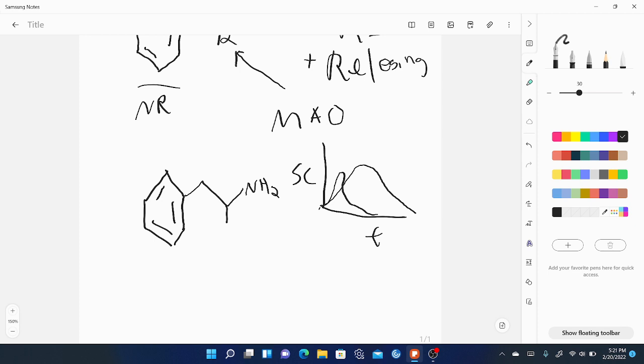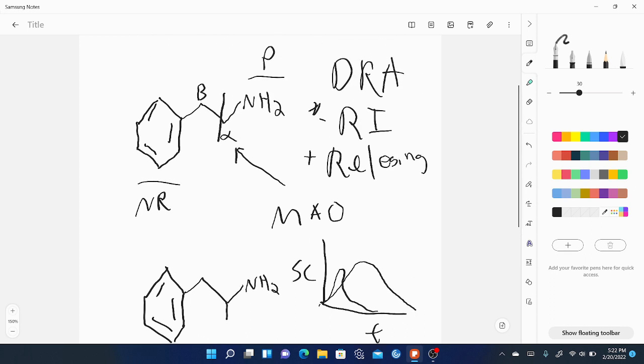Some people characterize it as euphoria, some people characterize it as dysphoria. In any case, you feel something. Adding the alpha methyl group, it is able to interact with the various modalities, reuptake inhibition and releasing, in a longer way. It's called law of mass action.